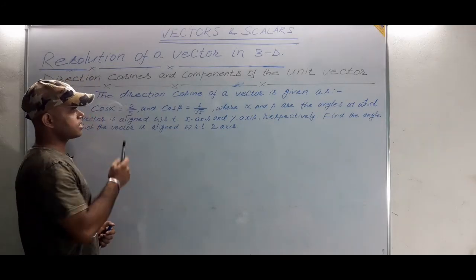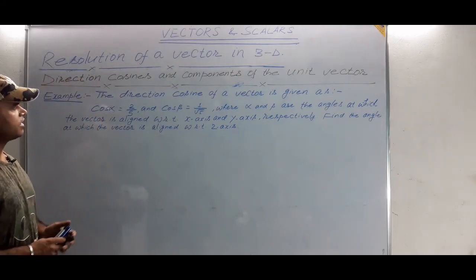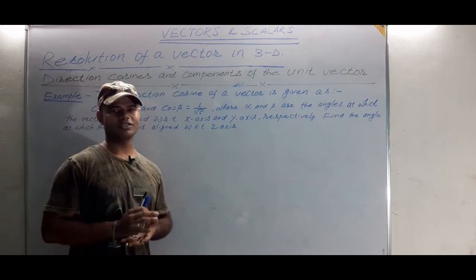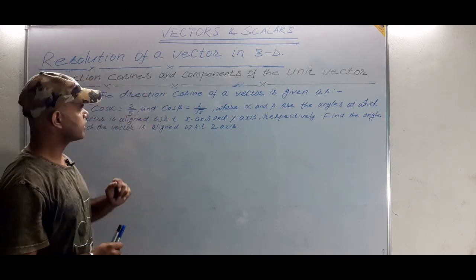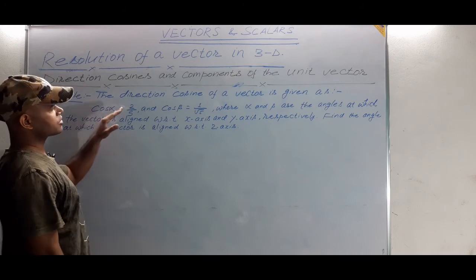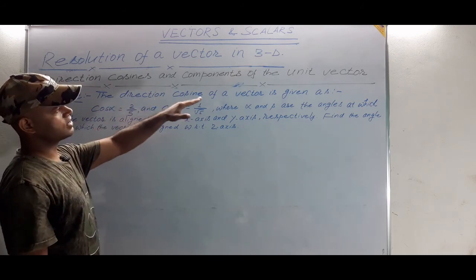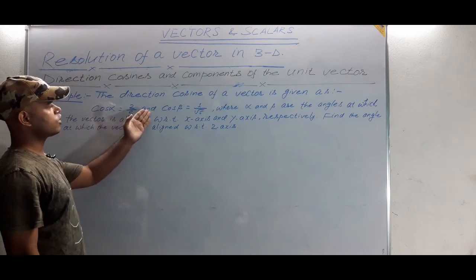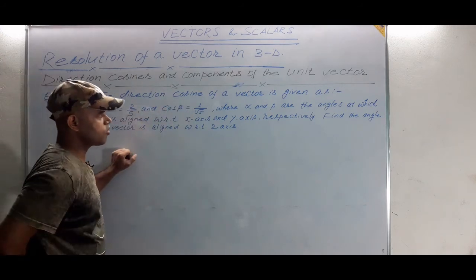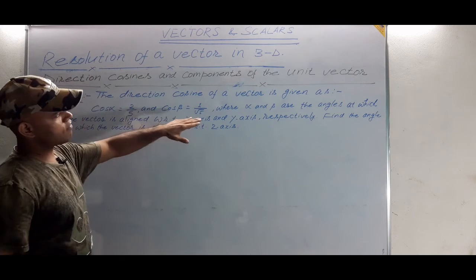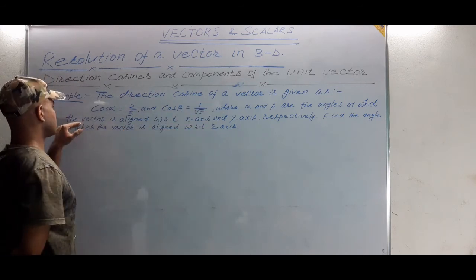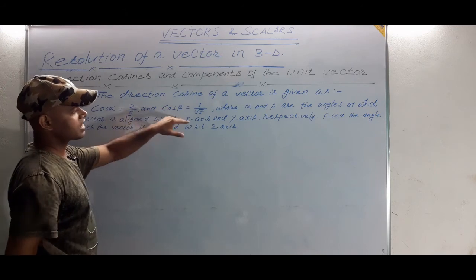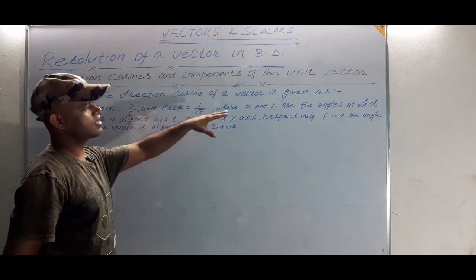Alright, so let's look at the next example. It is based on direction cosines, right? So look here, the question is, the direction cosines of a vector are given as cos alpha is equal to 2 by 5 and cos beta is equal to 1 upon root 5, where alpha and beta are the angles at which the vector is aligned with respect to the x-axis and y-axis respectively.